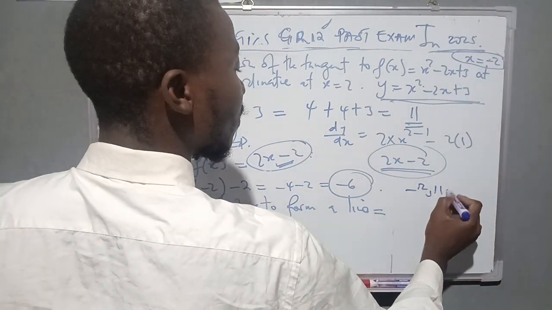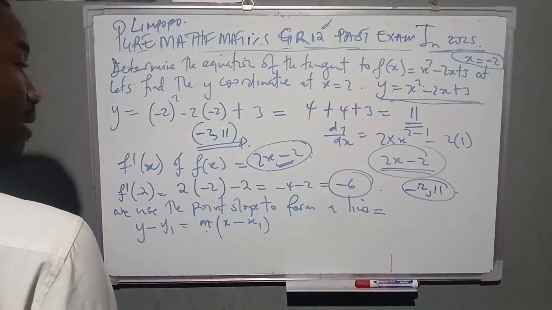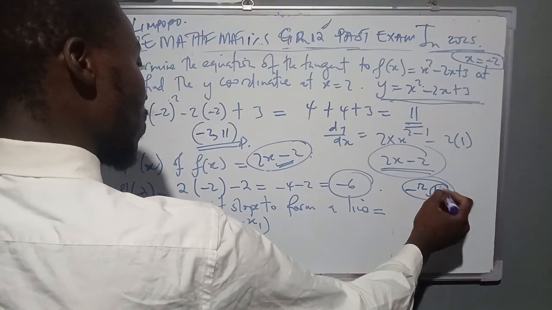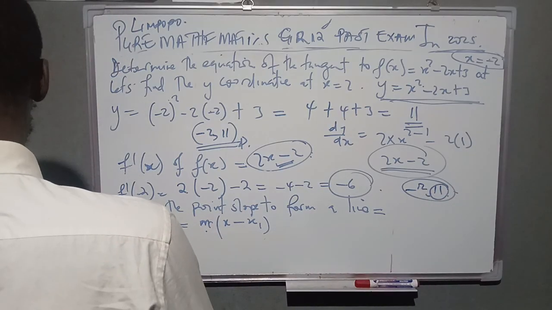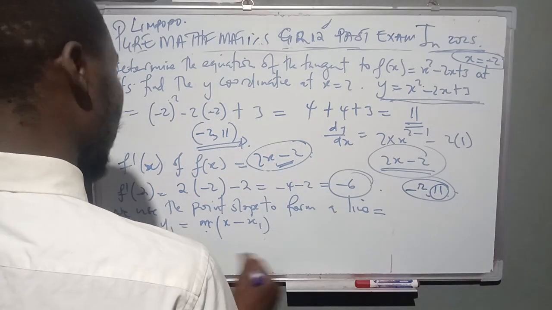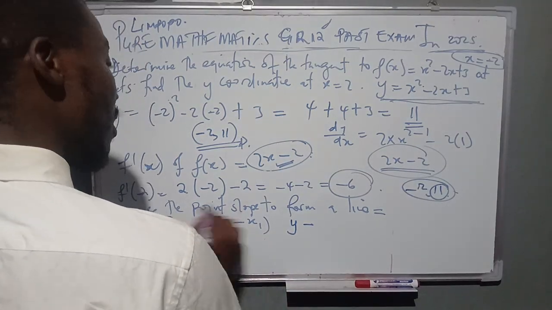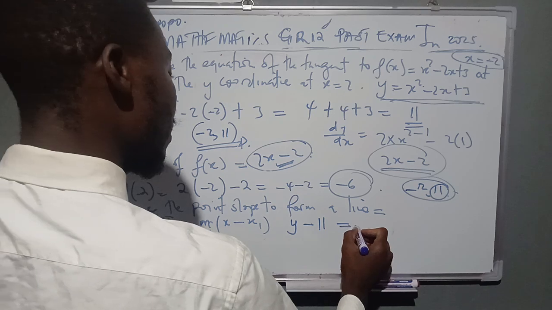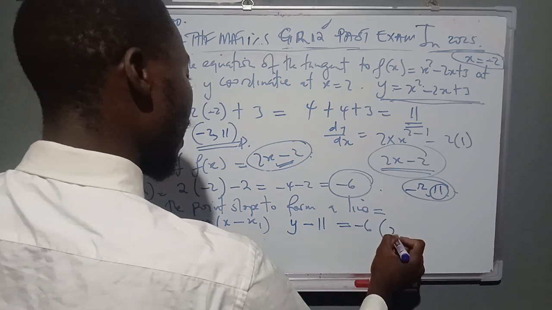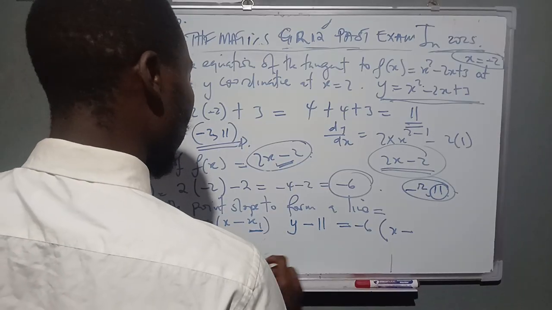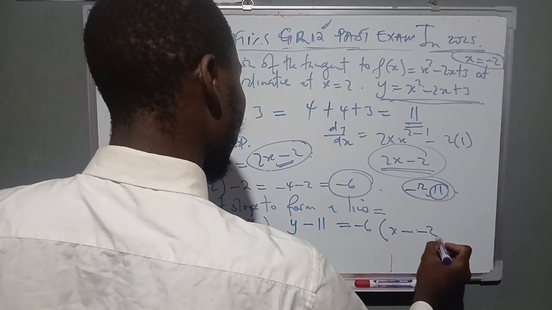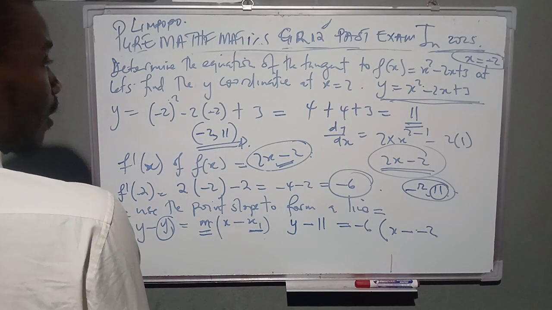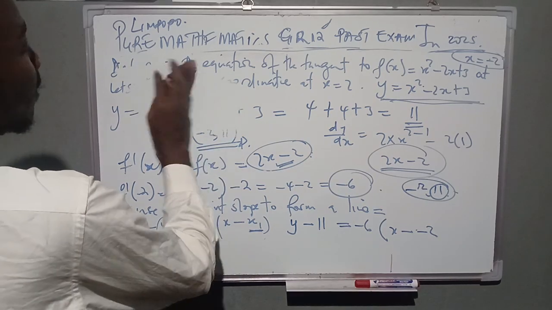So y1 is 11, so y minus y1 is y minus 11, equals m, the gradient, which is minus 6, multiplying x minus x1, where x1 is minus 2.